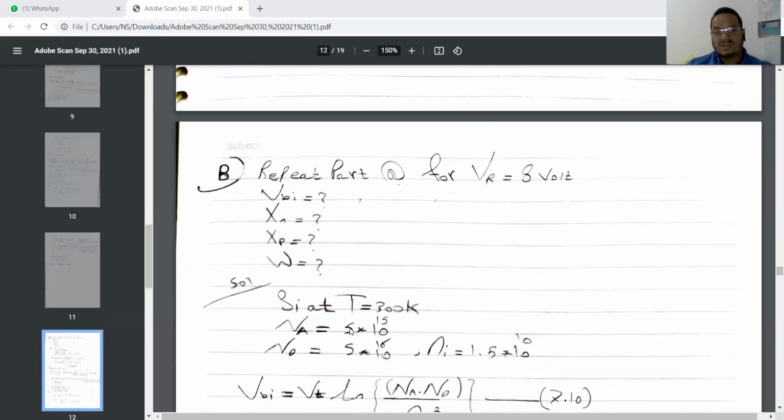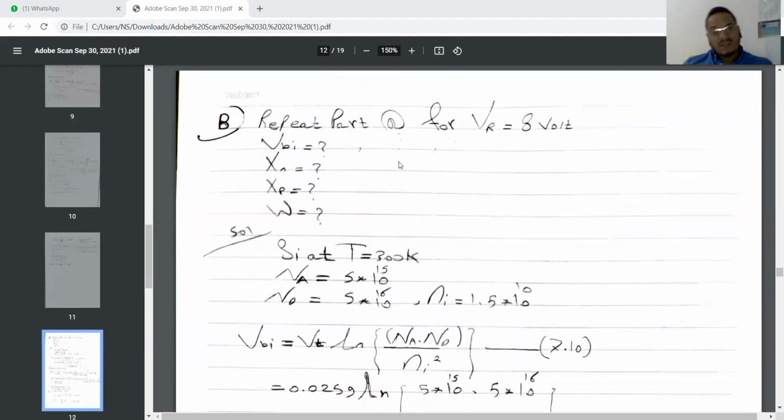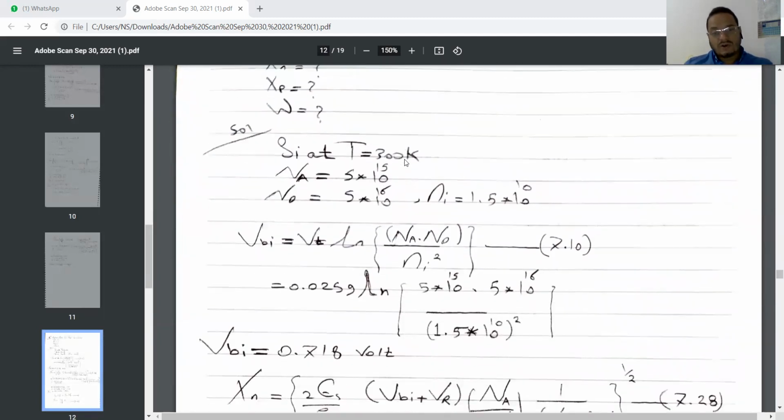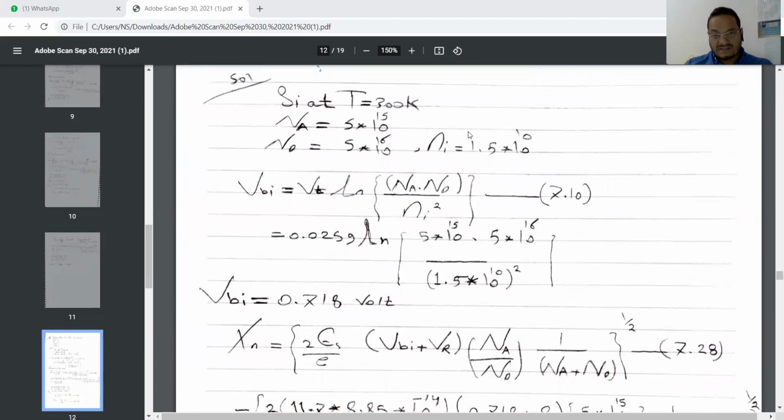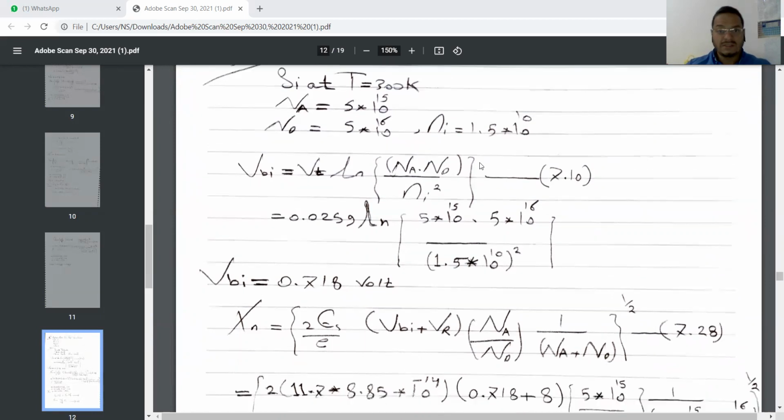Now, like at part B, repeat part A for reverse bias voltage equal 8 volts. That means we calculate all these elements again because VR, the reverse bias voltage, is an important element. Let's keep going. Silicon at room temperature, Na and Nd are the same. Intrinsic carrier concentration is the same because we're still dealing with the same element.